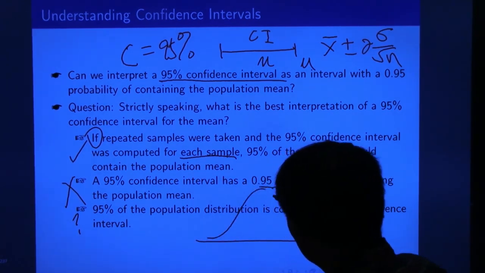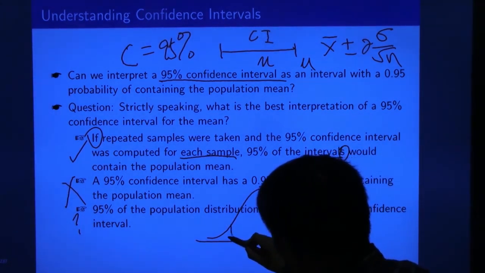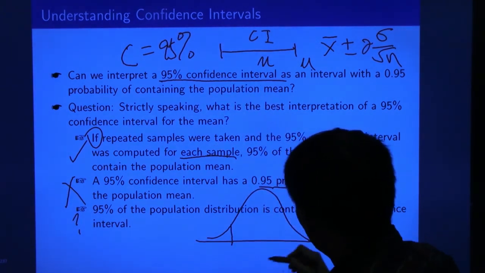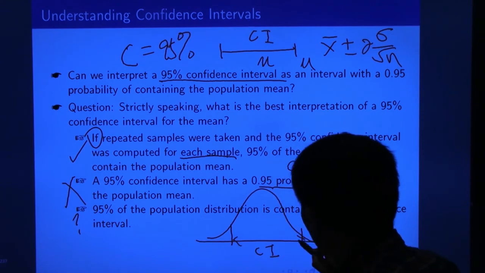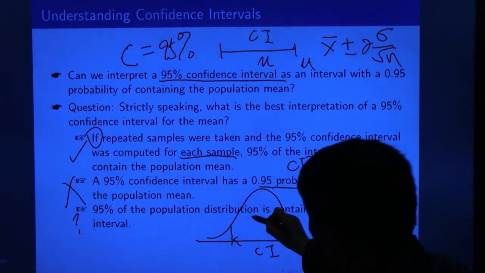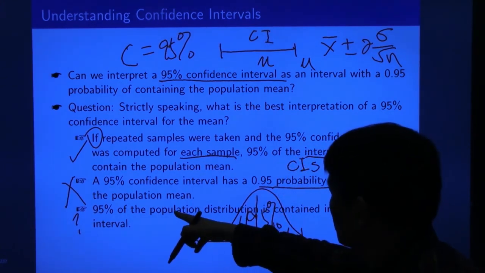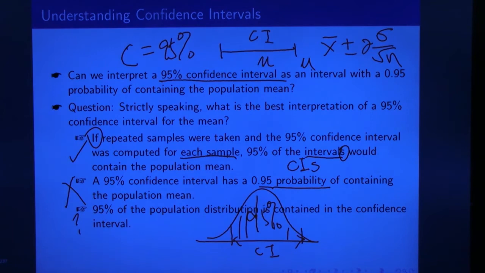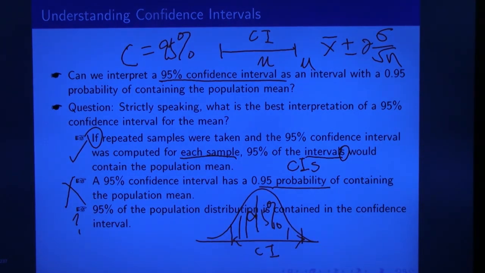And the confidence interval is from here to here. And it says 95% of the population distribution is contained in the confidence interval. Is this correct or not?